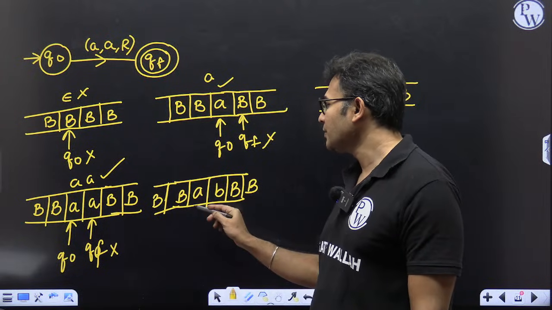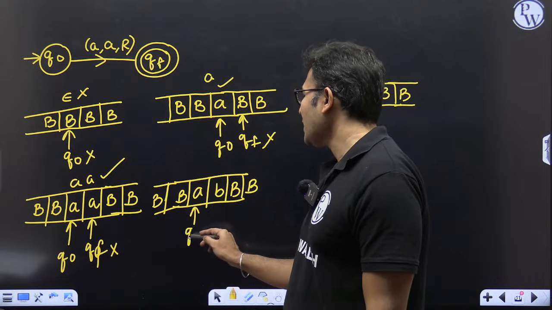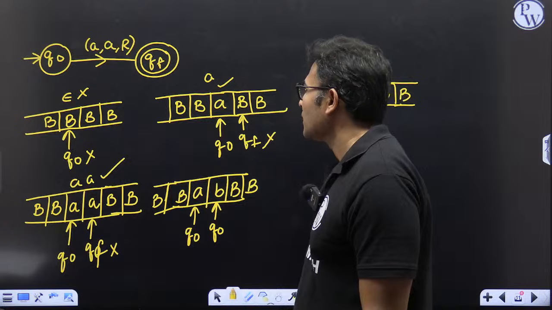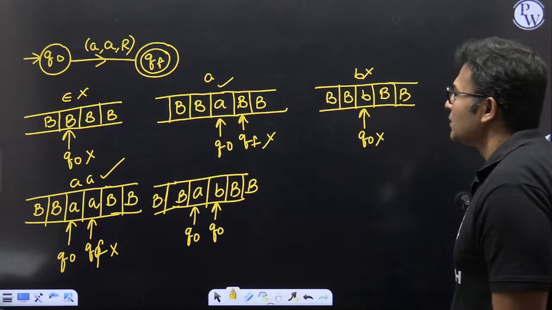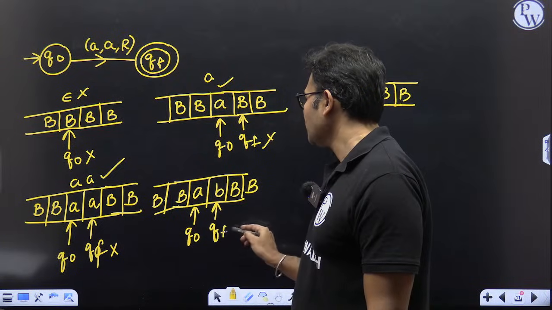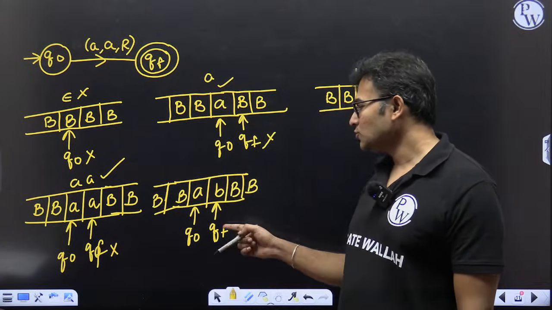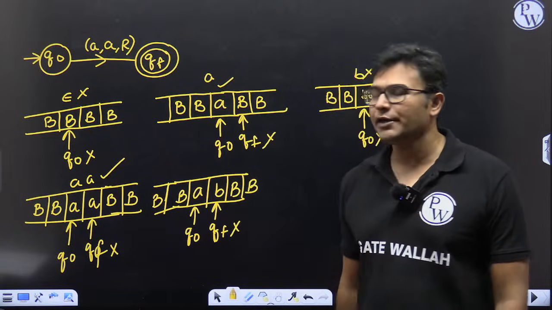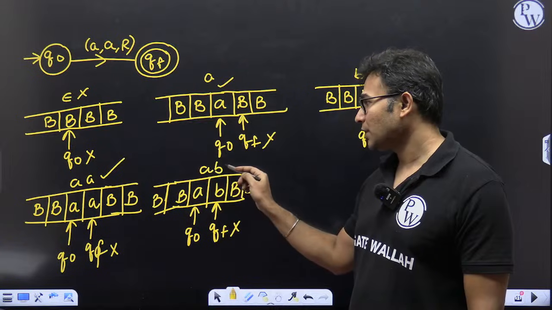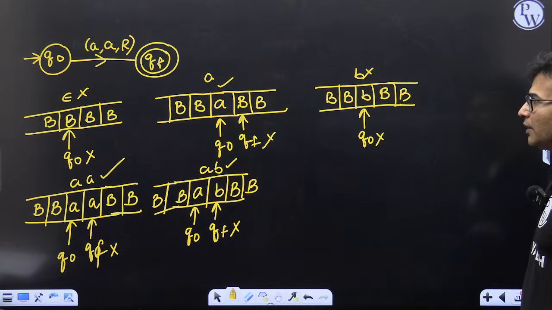Q0 on seeing A will move right into QF, and QF on B is not defined, so the machine will halt here. So AB is accepted.